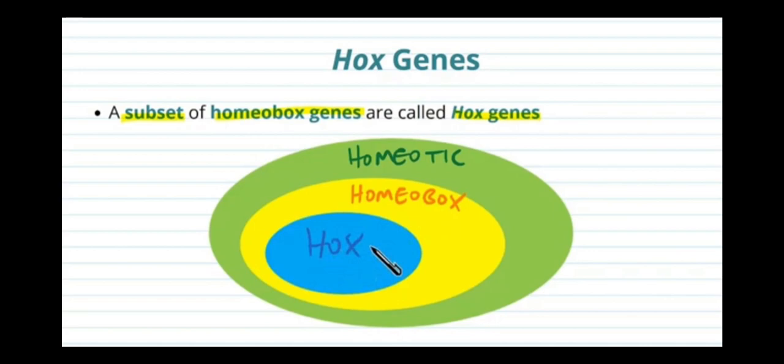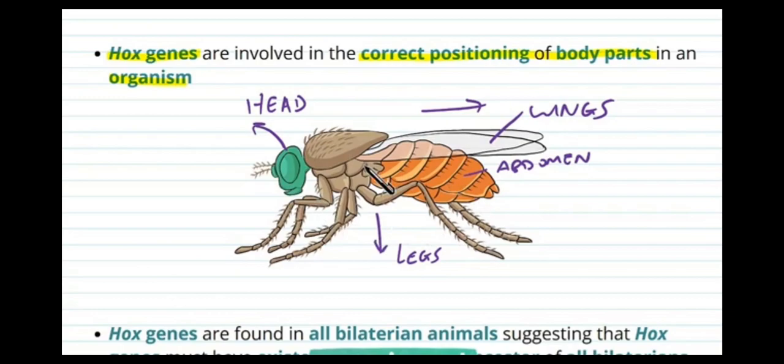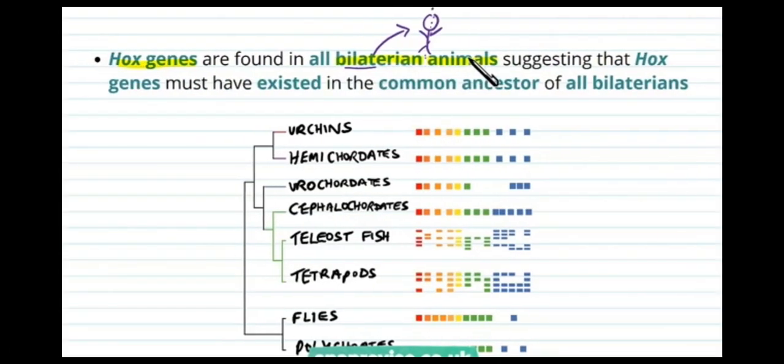Then the homeobox genes are a subset of homeotic genes, and Hox genes are a subset of homeobox genes. Hox genes are involved in the correct positioning of the body parts in the organism, like where the head region will form, where the legs will be formed, where the abdomen will be formed.